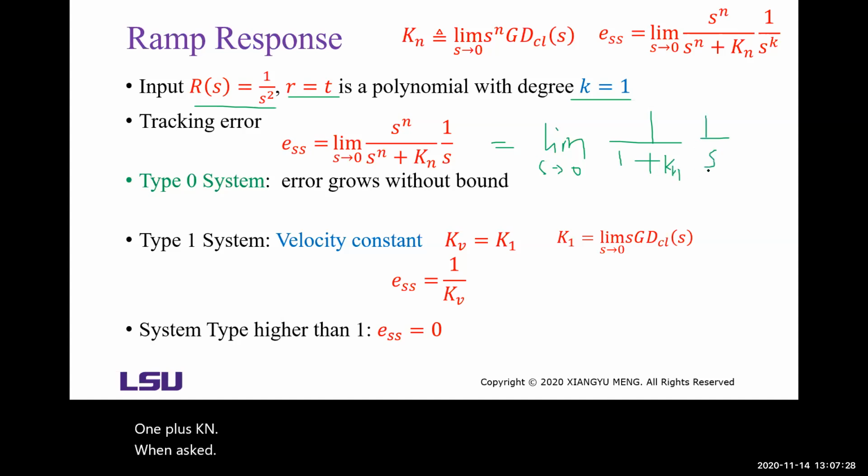When s is close to 0, then the steady state tracking error is infinity. It means the system type 0 cannot track the ramp signal. Then the error grows unbounded.